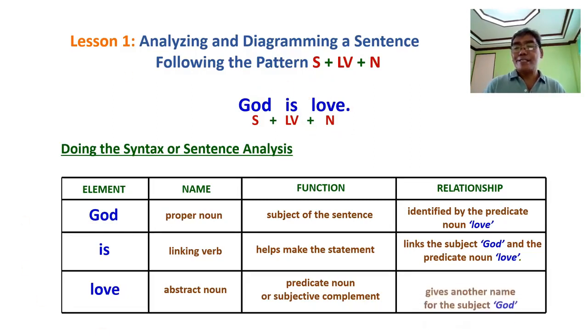Its function in the sentence is that it gives another name for the subject God. Our predicate noun love, or our subjective complement love, gives another name for our subject God.